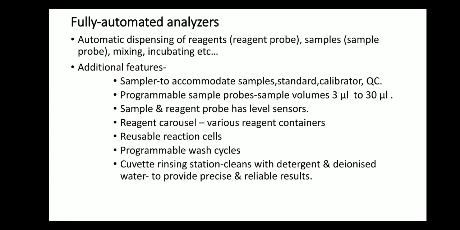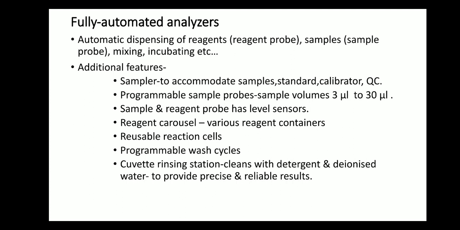Then programmable sample probes are there. Here the sample volumes can be adjusted from 3 microliter to 30 microliter. In this range we can program it. Separate probes are there to pipette sample and to pipette reagent also. And these have level sensors.